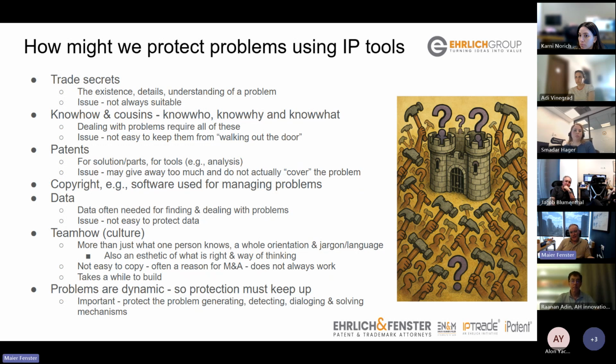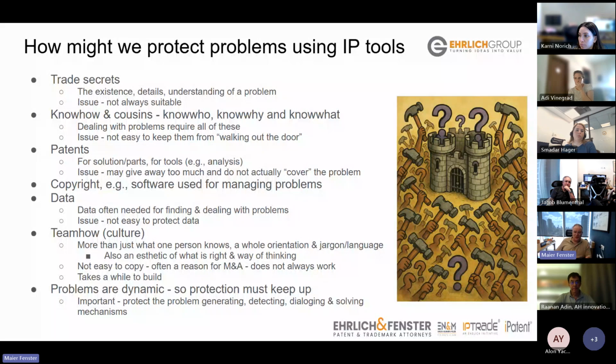You can't patent the problem, but you can patent the solutions and you can patent the tools that you need in order to analyze or deal with the problem. The problem with patents is they get published and they might give away your problem without giving you enough protection. Complicated problems, use software to manage them. That's protected by copyright. Finding problems and dealing with problems needs data.